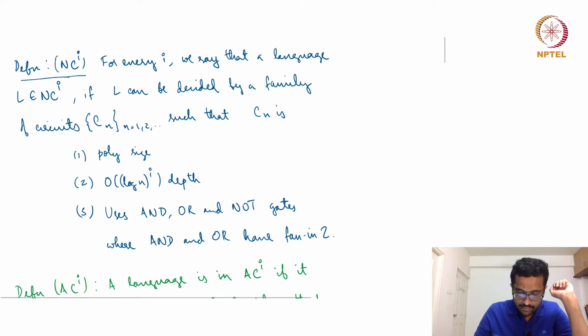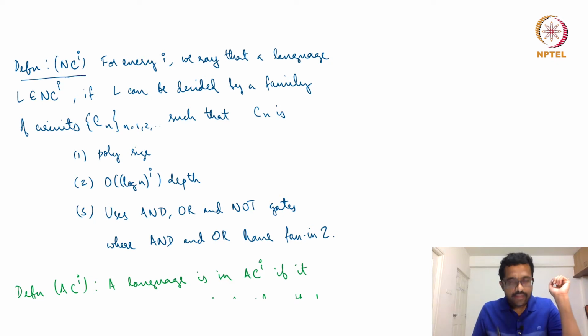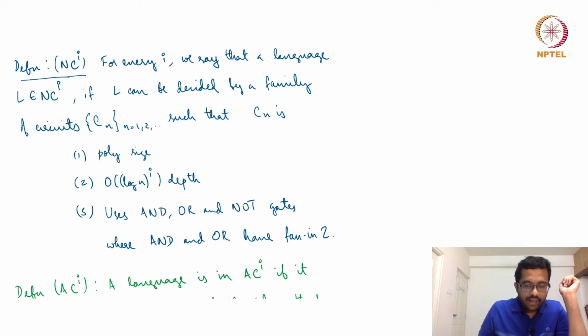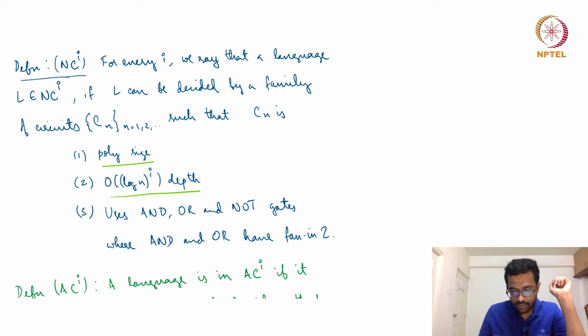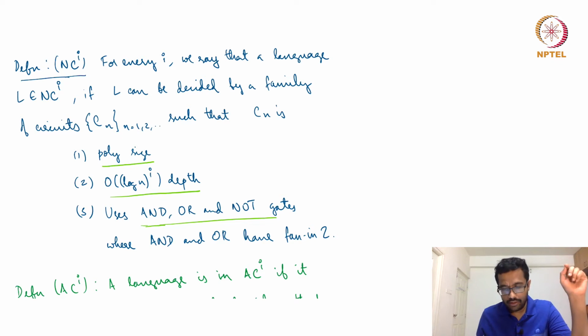So let us define NC, or NC superscript i. NC^i is the class of languages that can be decided by a family of circuits that have polynomial size, and the depth should be (log n)^i, and must use AND, OR and NOT gates. So far I think we have mostly been talking about circuits restricted to AND, OR and NOT gates, but I am just restating it.